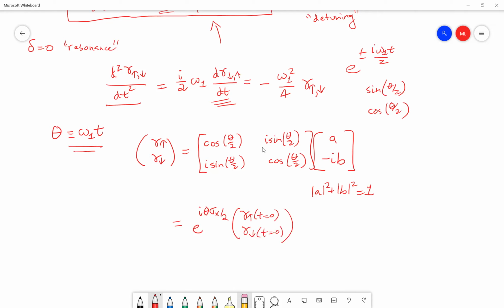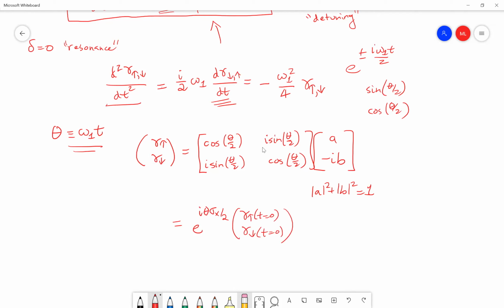So what it's telling you is that what's happening is this oscillating magnetic field, when it's on resonance, if you think about what that looks like, right? Imagine this is the spin, if you see my hand here, and it's precessing around with the Larmor frequency, omega 1.